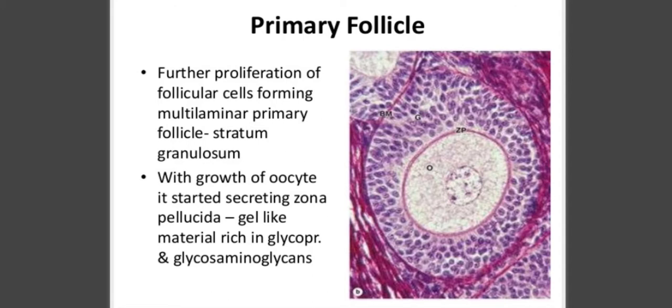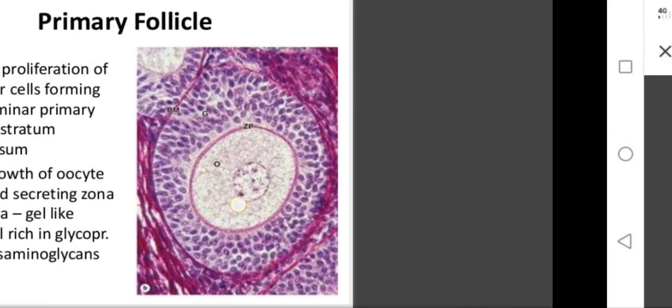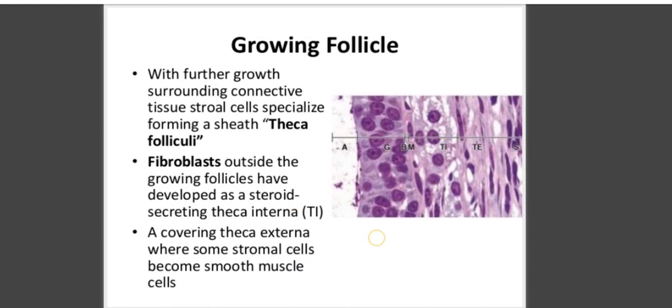With the growth of the oocyte, it starts secreting the zona pellucida, a gel-like material rich in glycoproteins and glycosaminoglycans.